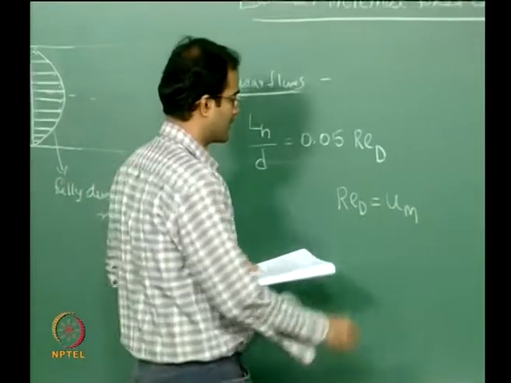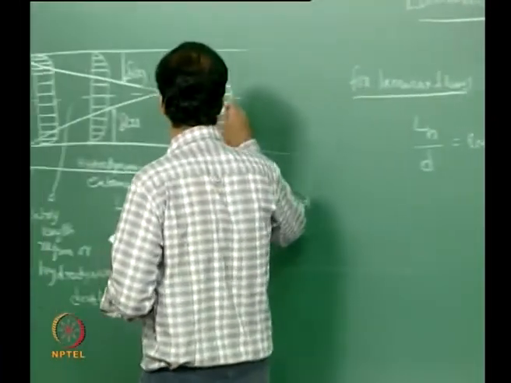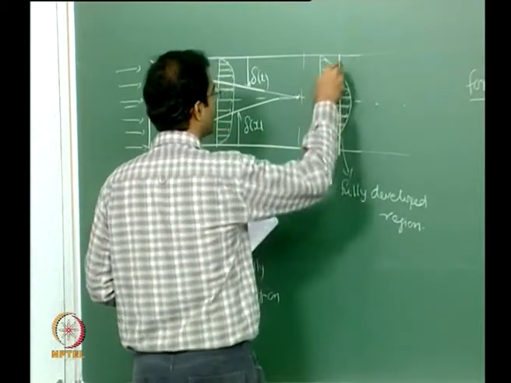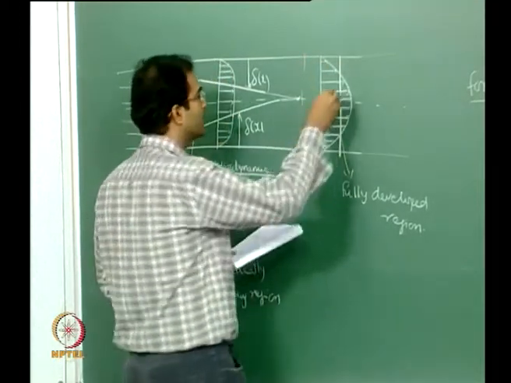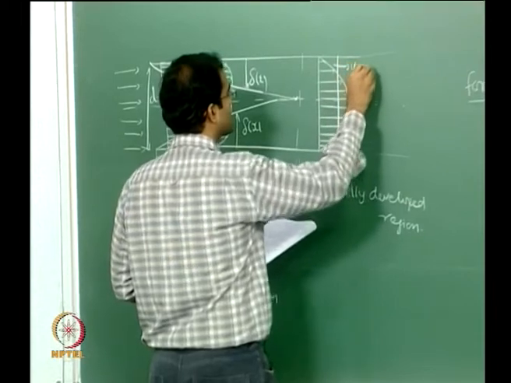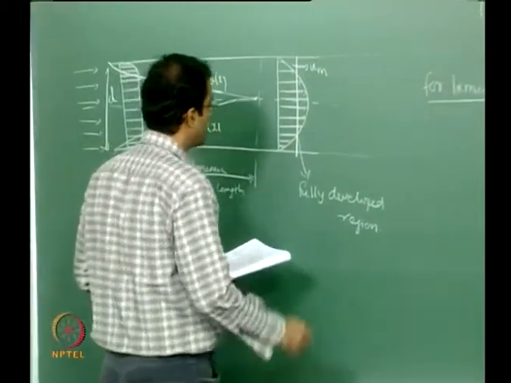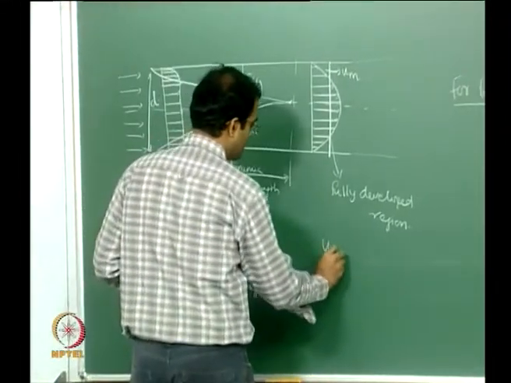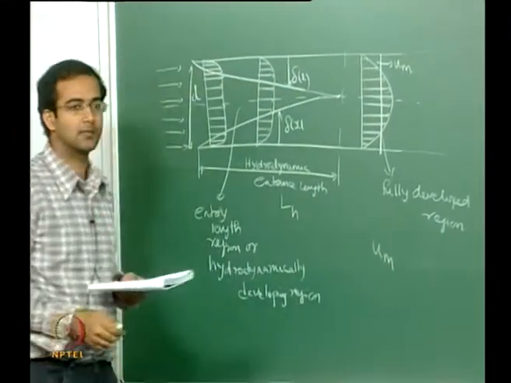Okay, so this is your mean velocity. So if you replace this parabolic velocity profile with a constant profile everywhere across the cross section, this is referred to as the mean velocity. So naturally, how do you have to define the mean velocity? Volume flow rate or the mass flow rate has to be constant.